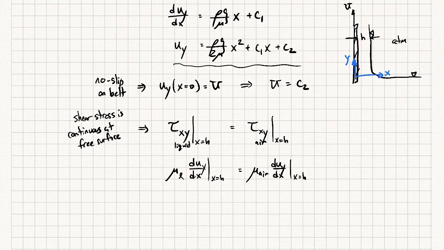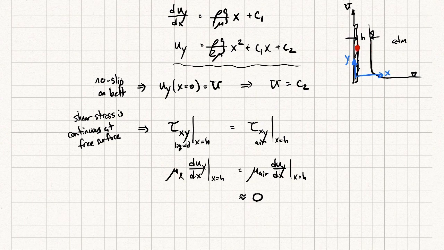So it's very reasonable to assume that this on the right-hand side is zero, that it's a negligible shear stress that the atmosphere is exerting on the liquid. Hopefully you understand that, but basically I'm saying that the atmosphere is not tugging on that liquid in any substantial way.